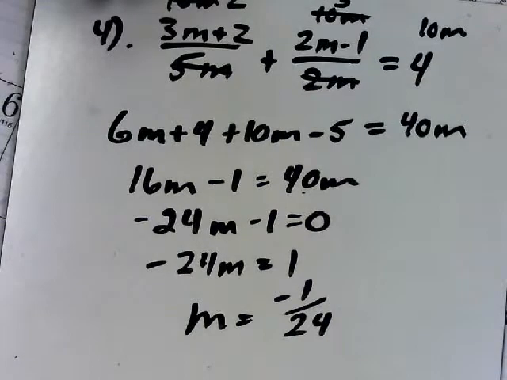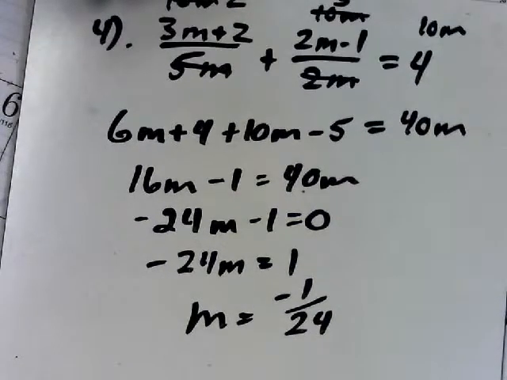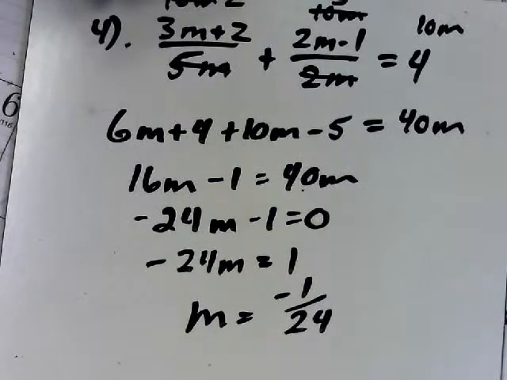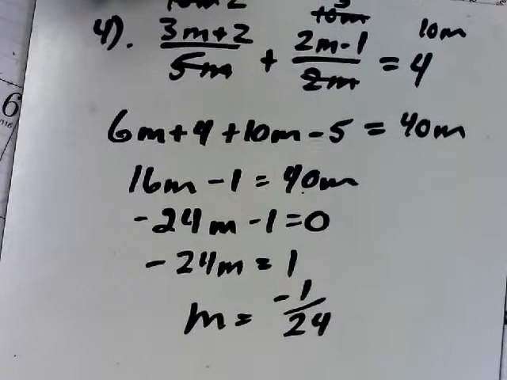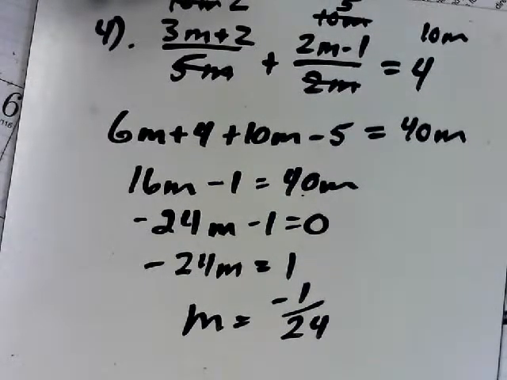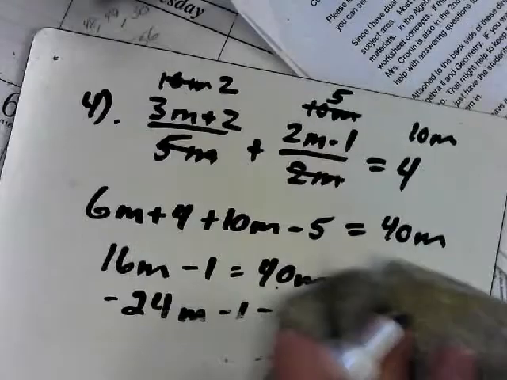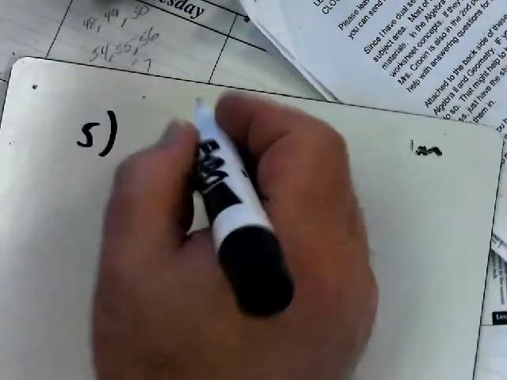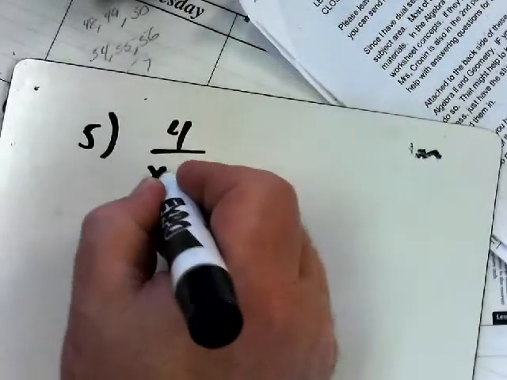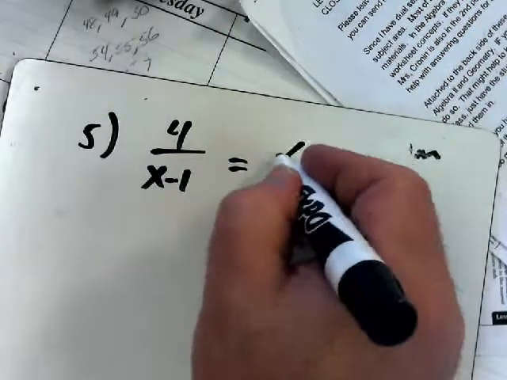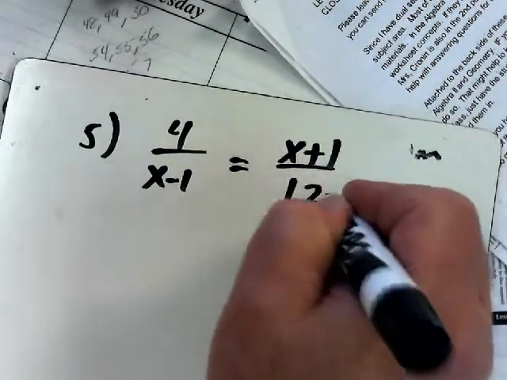Okay? So with the work that you have on your paper, do you find out where you went wrong? Okay. Number 5. 4 over x minus 1 equals x plus 1 over 12.